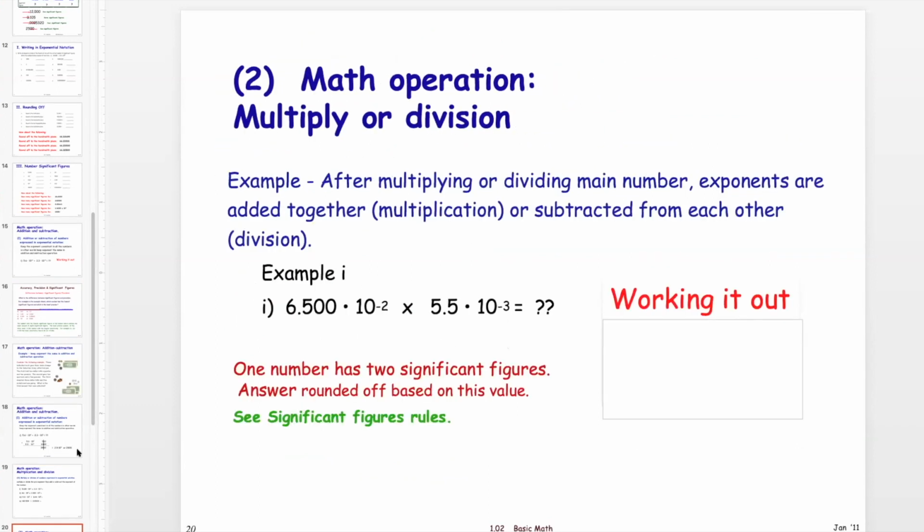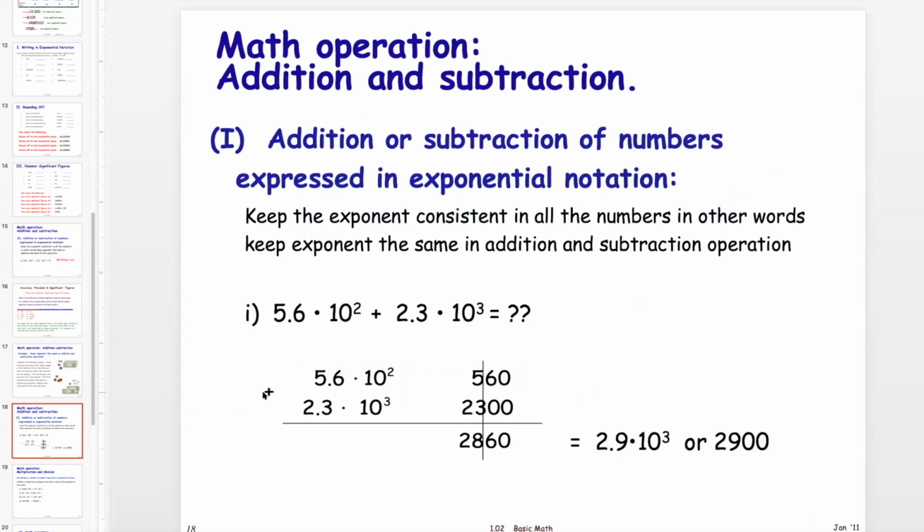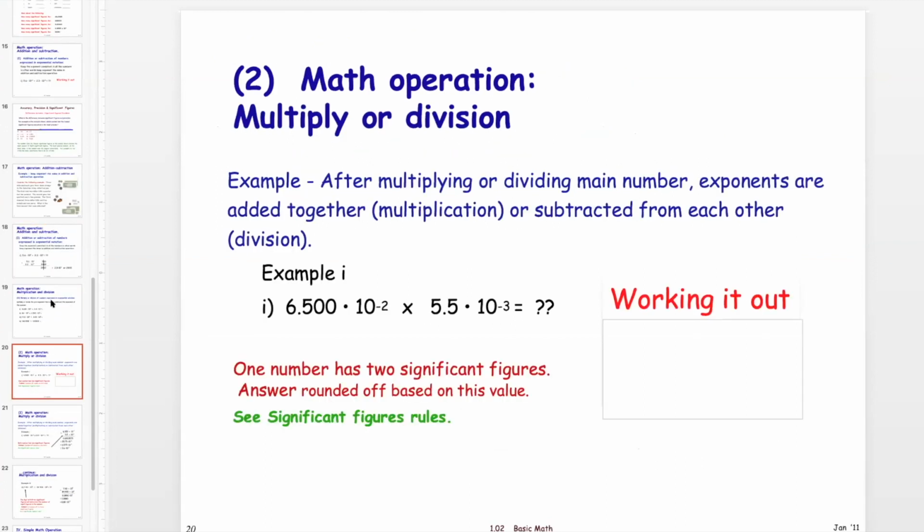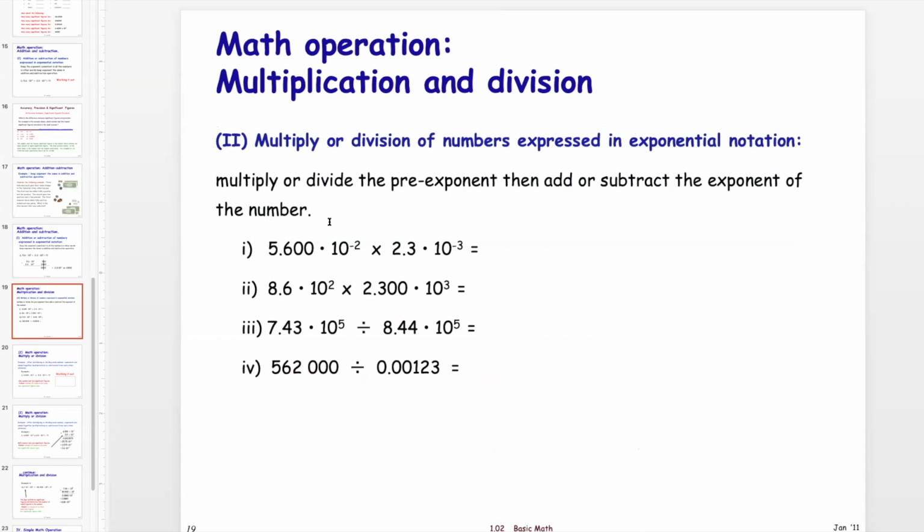Okay, so I can tell you right now, among these questions over here, when you do the final calculation on this first one, your answer better contain 2 significant figures. This second one right here, your answer better contain 2 significant figures.